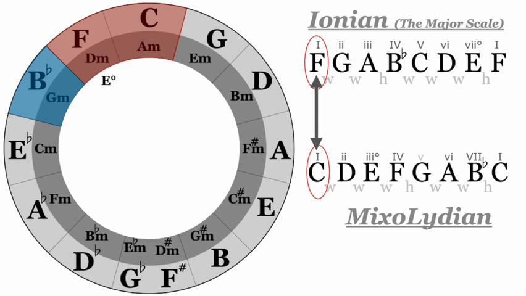And the trick here, or potential pitfall, is if you're writing a piece of music in, let's say, C Mixolydian, and you're not really paying attention to which chords you're hanging out on.